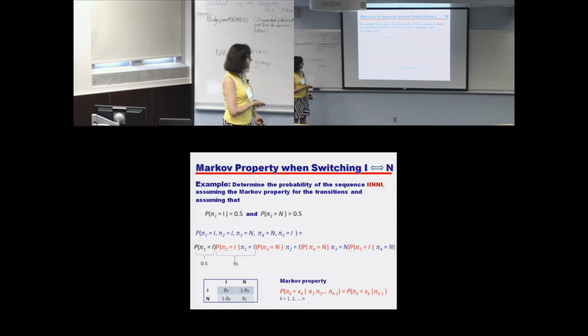Those probabilities can be taken right from the transition matrix, and therefore you have the probability. So this is a pretty straightforward computation. Students understand that right away, so no problem here.